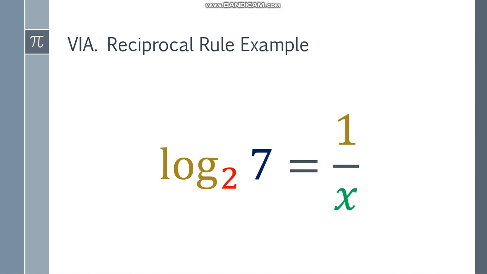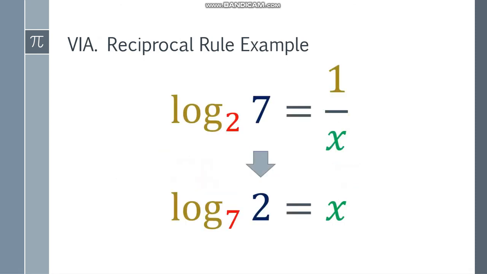Log base 2 of 7 is equal to 1 over x. Now, if you just want to get x here, just get the reciprocal, just change the argument and the base. So here 2 will become the argument, and the 7 here will become the base. And now, just get the reciprocal, and here it is.